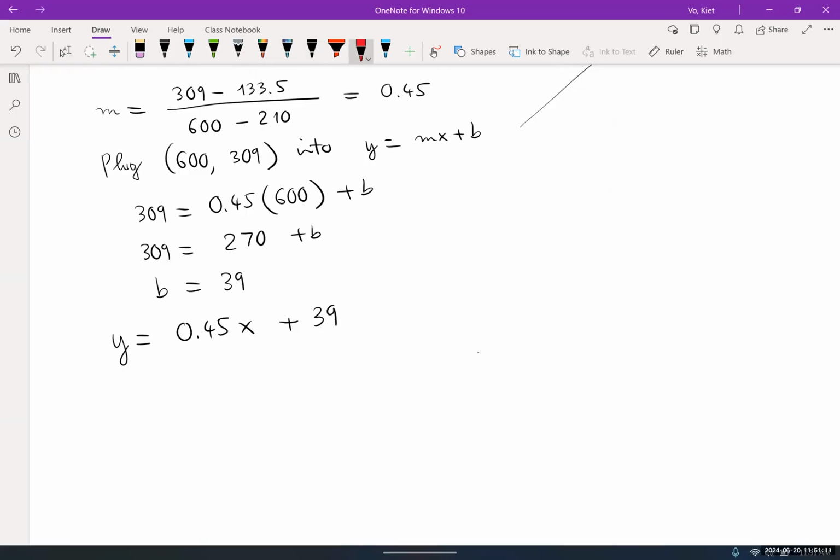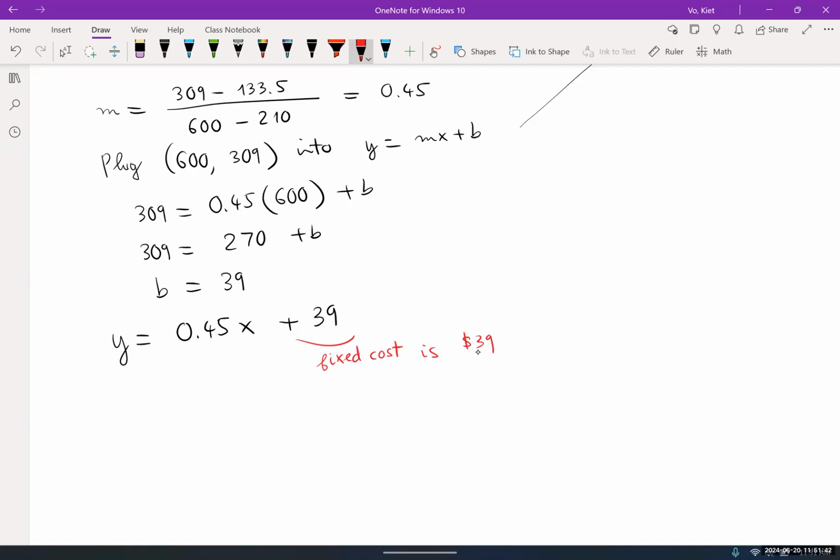And the 0.45 here is the rate per minute. So it costs 45 cents per minute. And how many minutes you use will determine the total monthly cost.